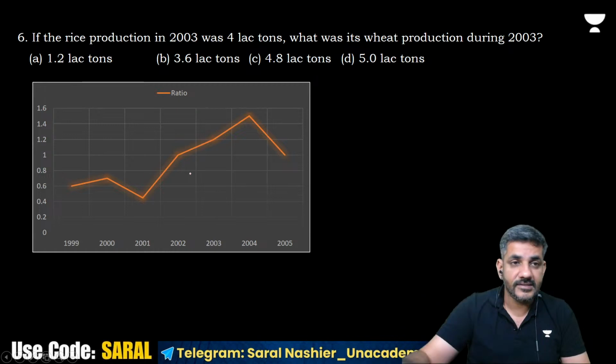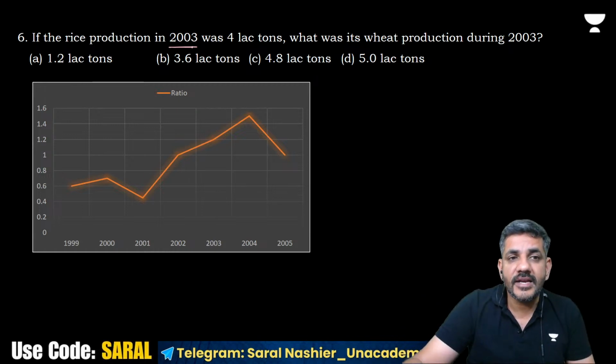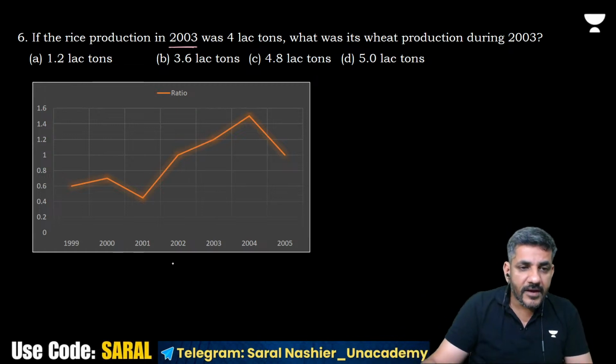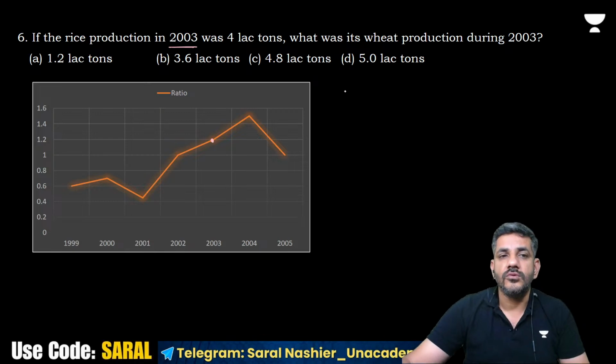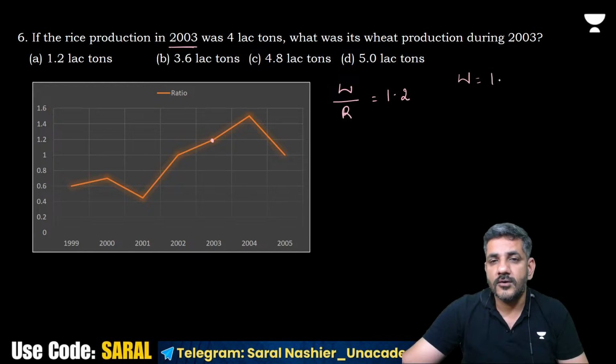So in 2003, if I look at this graph, it is telling me that the ratio was exactly 1.2. So wheat production divided by rice production was 1.2. So wheat by rice is equal to 1.2, so wheat is equal to 1.2 times of rice production.